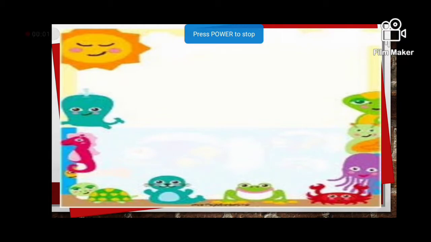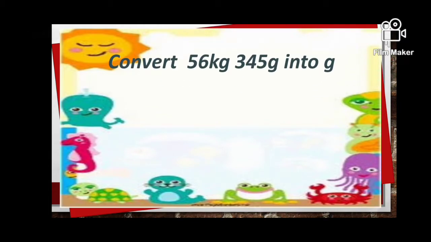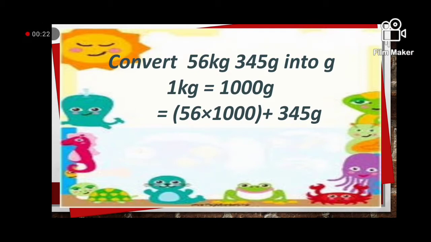Let's convert 56 kilogram 345 gram into grams. First we should know the standard, that is 1 kilogram is equal to 1000 grams. Now we have to convert 56 kilogram 345 grams into grams. So first of all we will multiply 56 by 1000, because 1 kilogram is equal to 1000 grams.